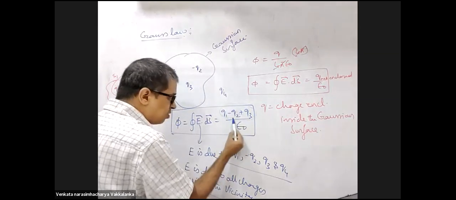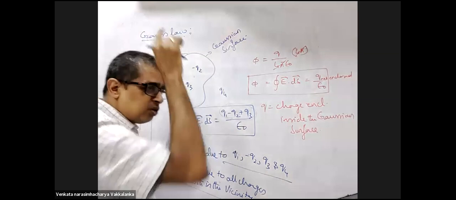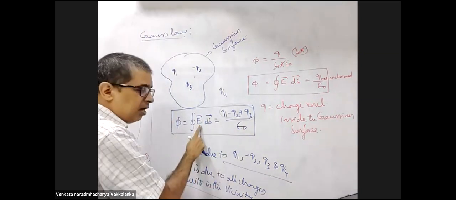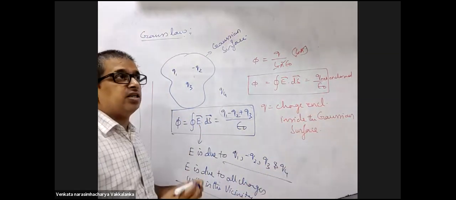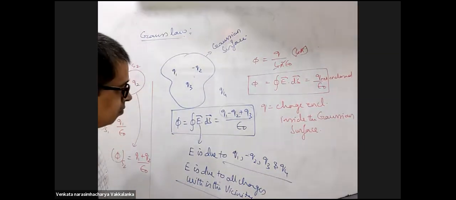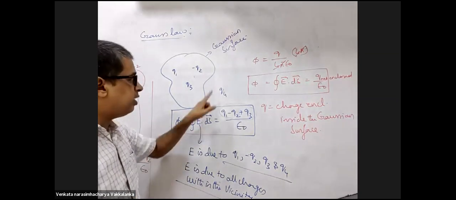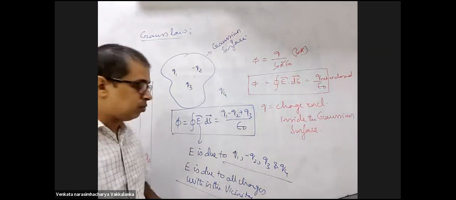These charges are the charges enclosed inside the Gaussian surface only. Field is because of all the charges within the vicinity. So you're saying E dot ds due to Q4 will be 0.